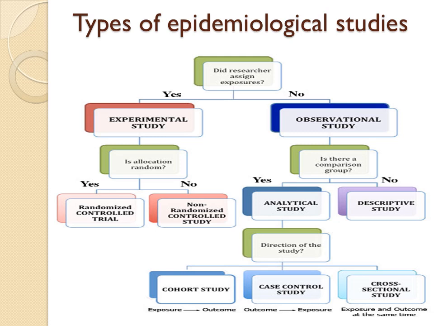Now see the second type of analytical study, that is the case control study. Here the exposure and outcome have already occurred. So again taking an example, here we will start with a disease group, say hypertensive patients, and a comparison group called the control group, that is normotensive subjects.